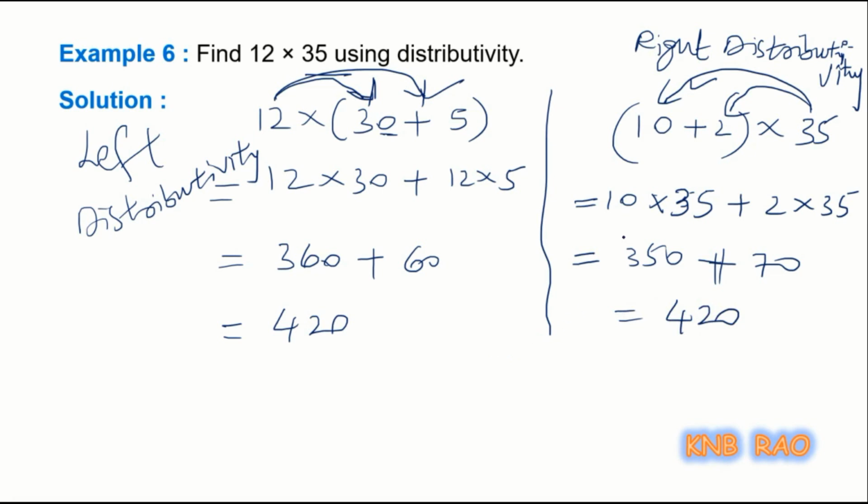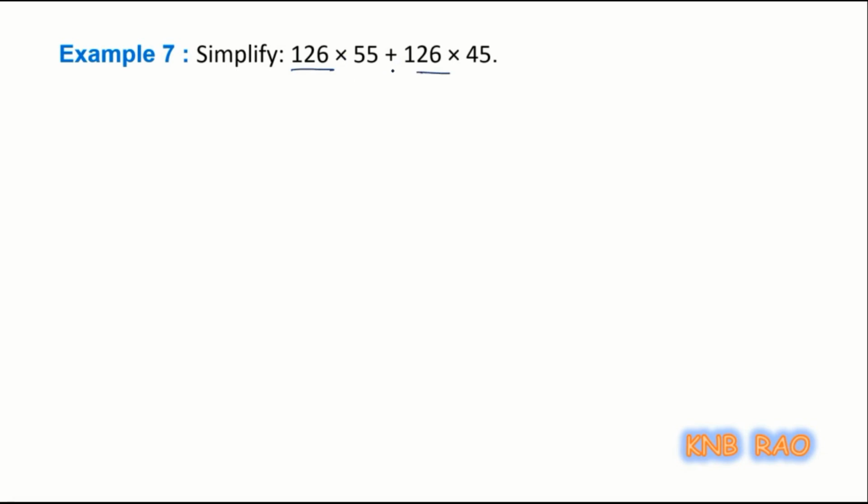Students, this is how we can make use of distributive property in simplifying the multiplications. Now here we have another example given, very important one. Simplify 126 into 55 plus 126 into 45. Now try to observe, it is the sum of the product of two different numbers, whereas amongst the two different products multiplicand 126 is same.